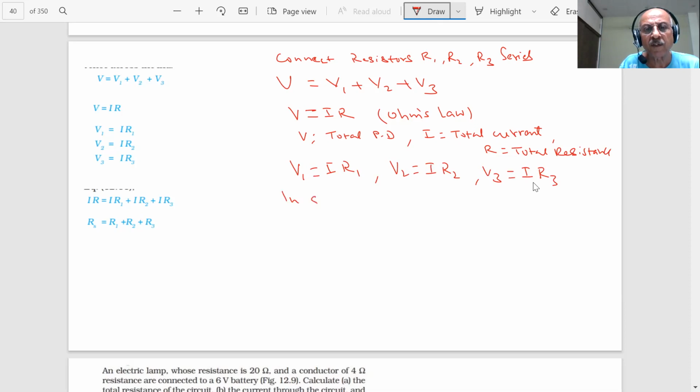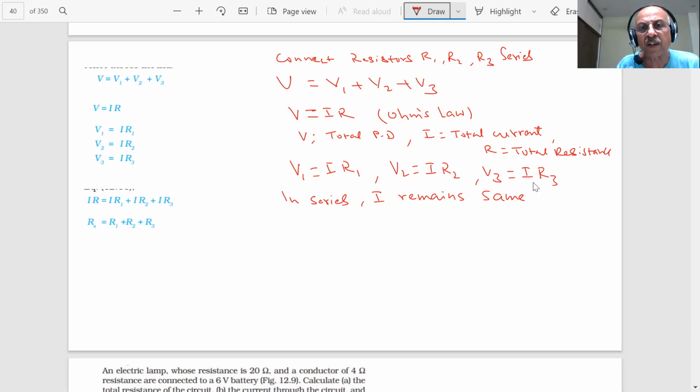In a series circuit, I remains the same. Am I right? Can I write like this? Okay. Now I have to find the formula, students.